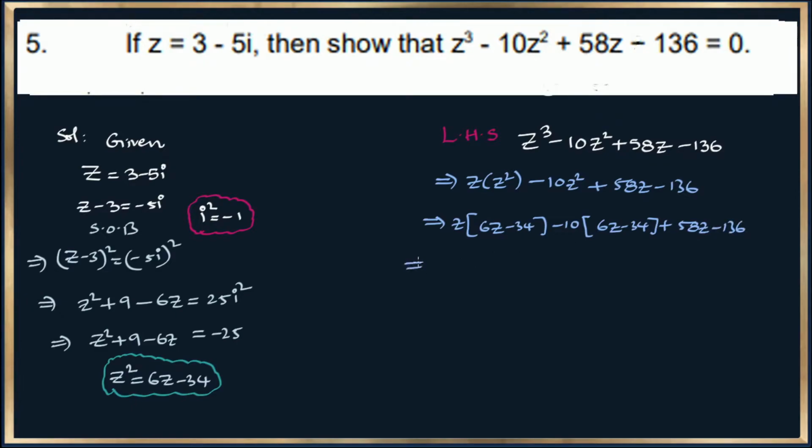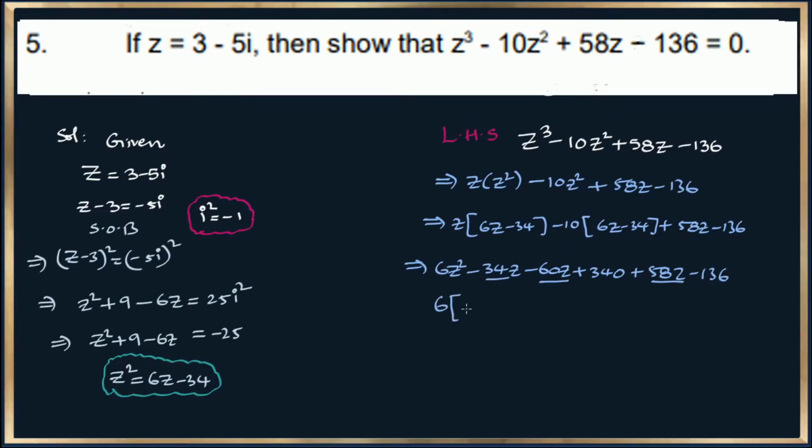So if you multiply, z into 6z is 6z square, minus 34z, minus 10 sixes are 60z, minus of minus plus 340, plus 58z minus 136. So minus 60 plus 58 is minus 2, and this minus 34.